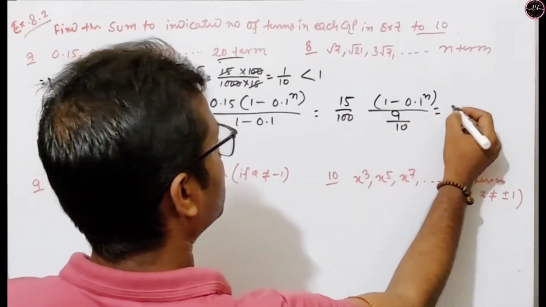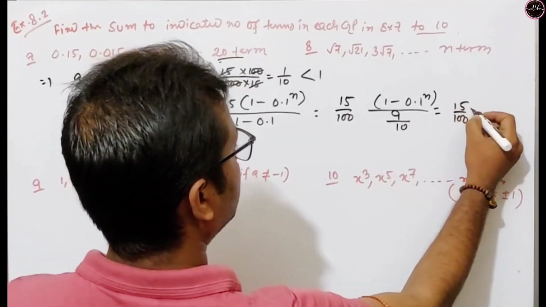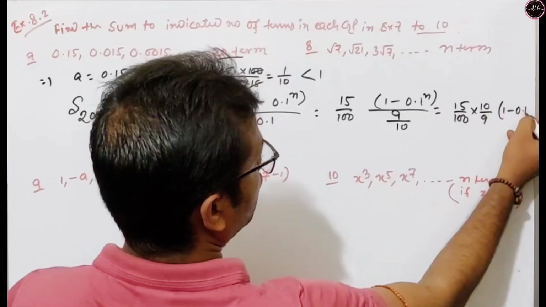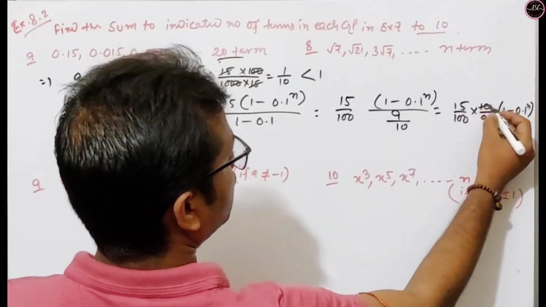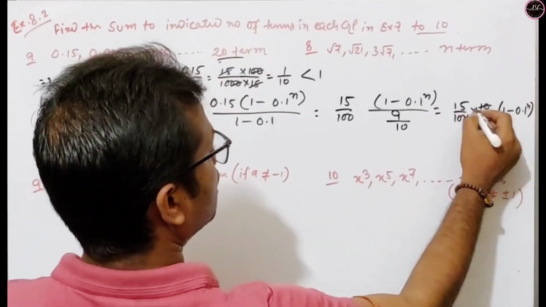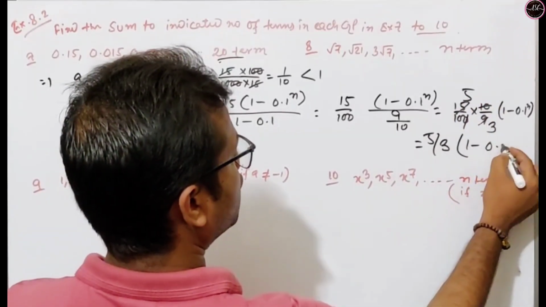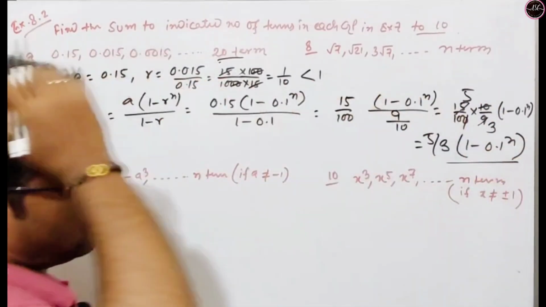So that will be 15 divided by 100 into 10 divided by 9 into (1 minus 0.1 to the power n). The 0 will be cancelled out, 3 5s, so that will be 5 by 3 into (1 minus 0.1 to the power n). That will be your answer.